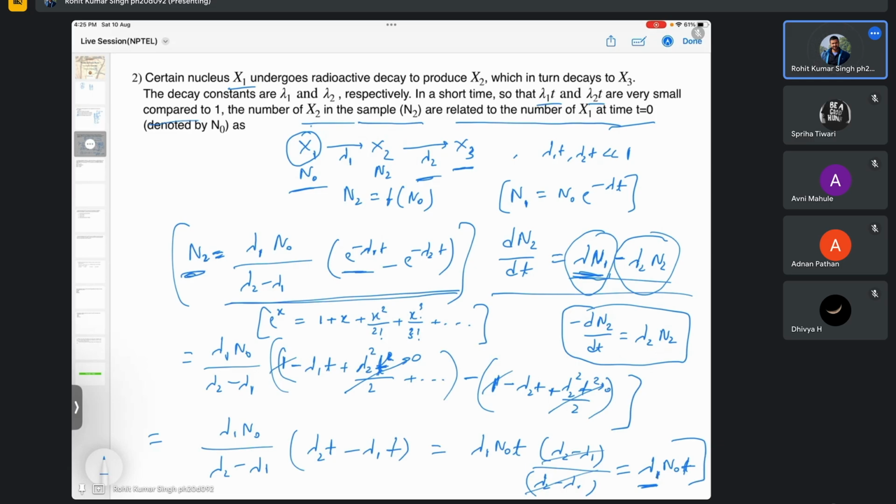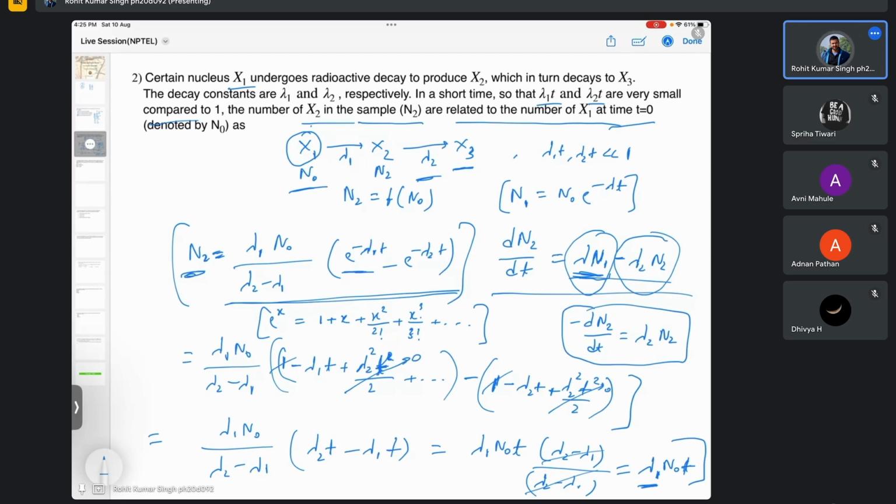Just to keep in mind, a short time means t should be less than the mean lifetime of the second daughter nucleus. Because if given enough time, this X2 will also start decaying depending on its lifetime or half life, so then that lambda 2 will also start contributing.